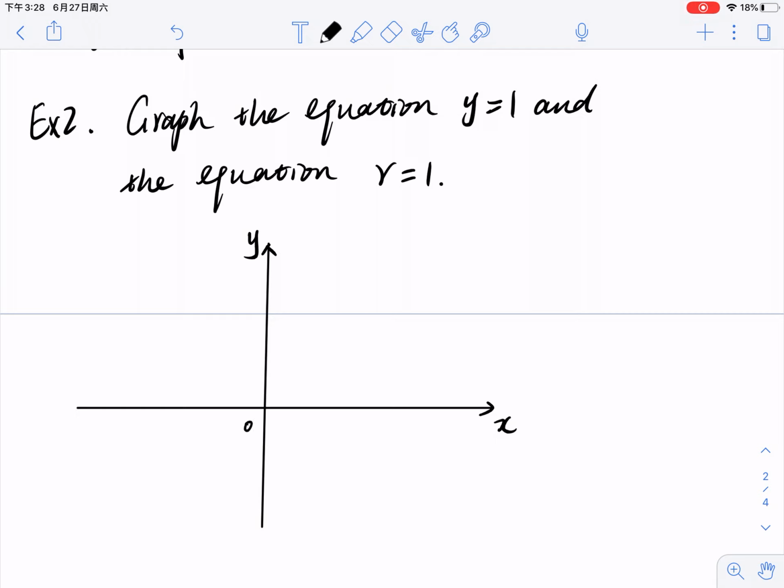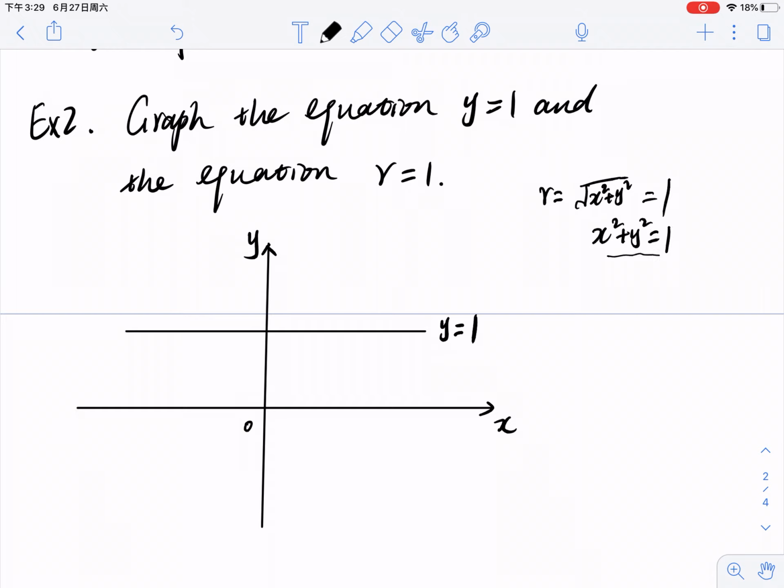Suppose this is the line y is equal to 1, a horizontal line. Now r is equal to 1. Since we know r is square root x squared plus y squared, r is equal to 1, then take a square on both sides to get x squared plus y squared is equal to 1.